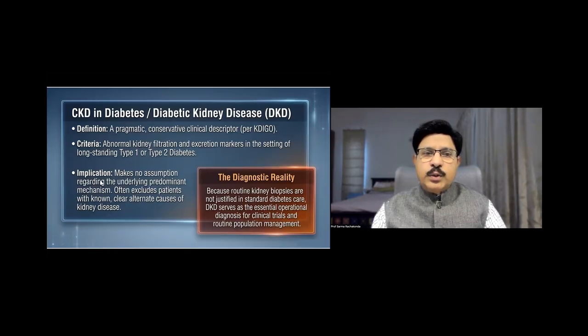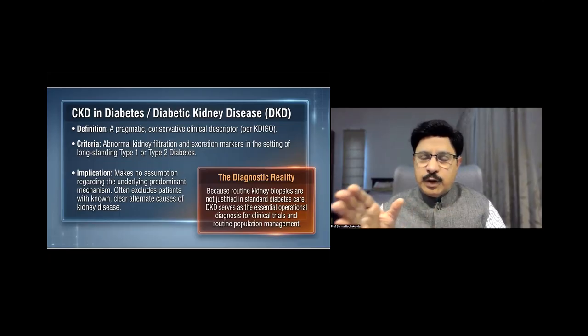As I have told you, chronic kidney disease and diabetes is one aspect; diabetic kidney disease, a pragmatic, conservative clinical descriptor as per the KDIGO: abnormal kidney filtration and excretion markers in the setting of long-standing type 1 or type 2 diabetes. So what is the definition?